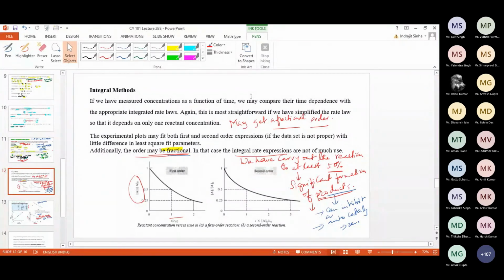But there is always a possibility of getting a fractional order. This we have seen in a rate law expression earlier. So how do we deal with that? A priori, we do not know whether the order will be fractional or integral. We just don't know, right? So we will talk about this in the next class.